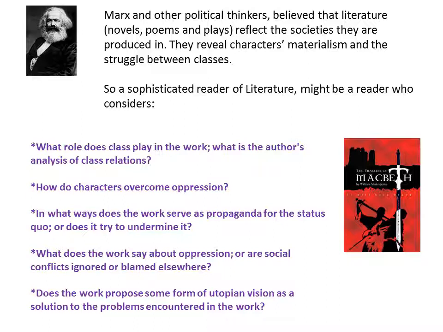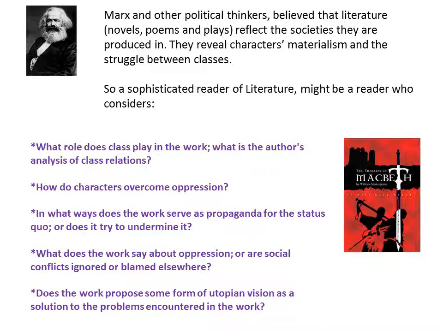Does the work finally propose some form of utopian vision as a solution to the problems encountered in the work? So some texts might suggest that there is a way of creating a better society, as Marx himself believed. So you might use the language progressive or regressive. Progressive being, in Marxist terms, yes, society can move towards a more perfect and equal utopian ideal.